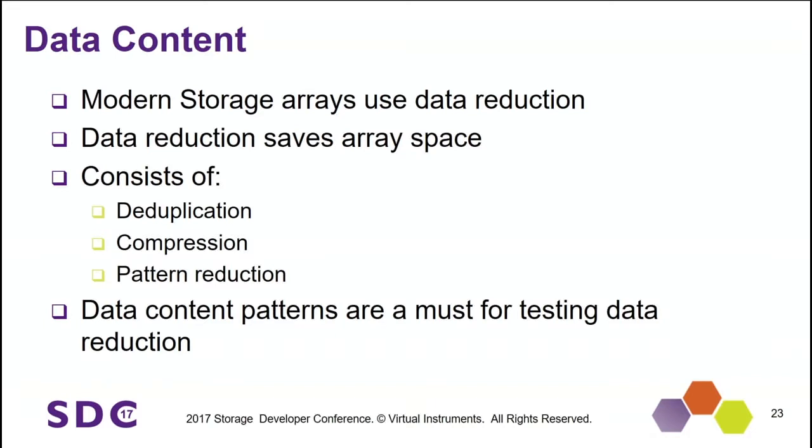Okay, data content. Most of the arrays are using data reduction: deduplication, compression, and pattern reduction. And like I said, if they see a block of all zeros, they make a reference. Don't store anything. It's a metadata reference. If something comes in, they checksum it. If they haven't seen it before, they try to reduce it. If it gets bigger or it doesn't reduce, they save it as is.